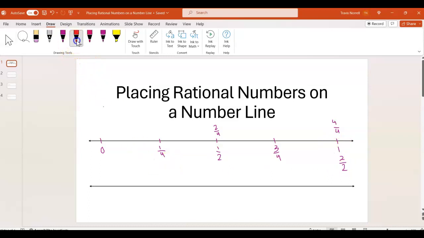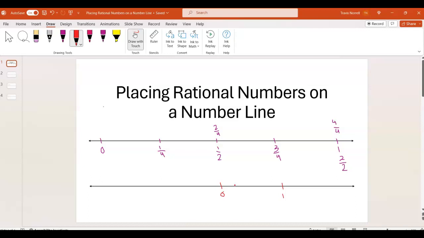If we wanted to break this up into fifths, let's say we have, let's place 0 here in the middle now. Let's put this as our 1 whole. So let's break it into fifths. We need 5 equal sections.